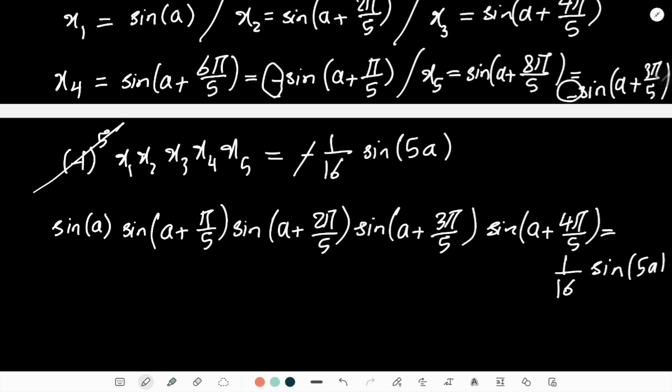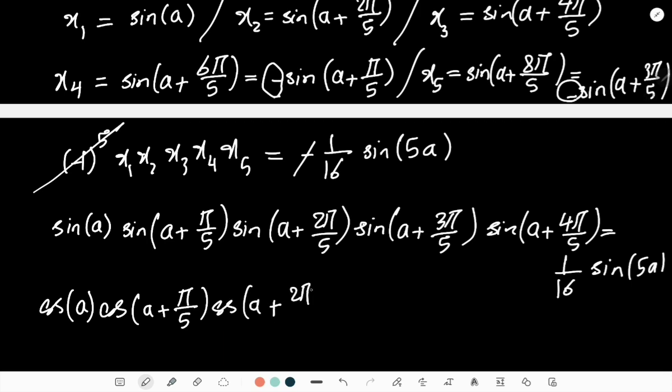And interestingly, you can also find a similar expression for cosine of 5a. So what you get is cosine of a times cosine of a plus pi over 5 times cosine of, I don't prove it because it's very similar.